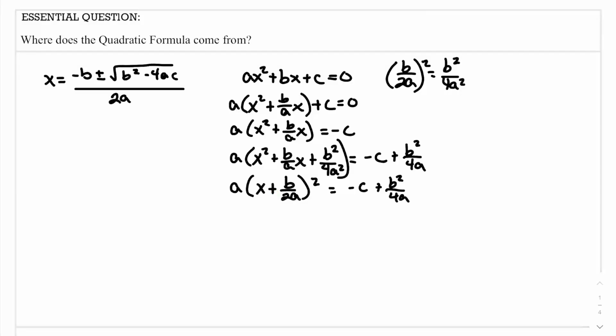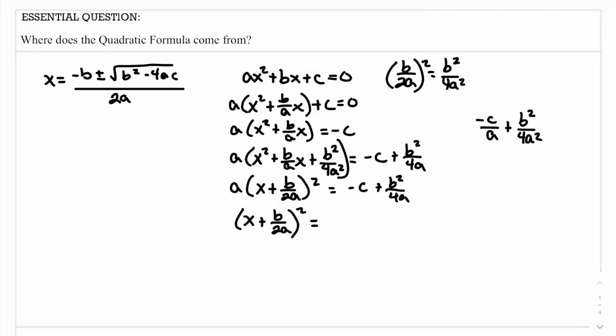So we're going to divide both sides by a. And so now we're going to end up with negative c over a plus b squared over 4a squared. So we're dividing both of these terms by a, or we're multiplying by 1 over a.